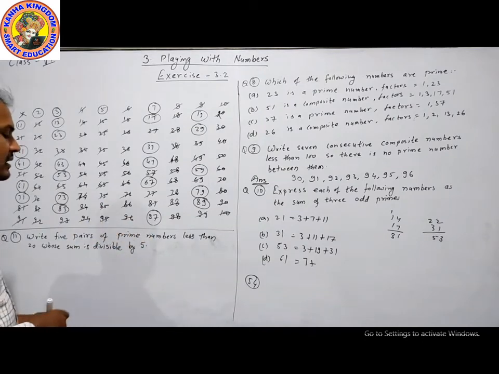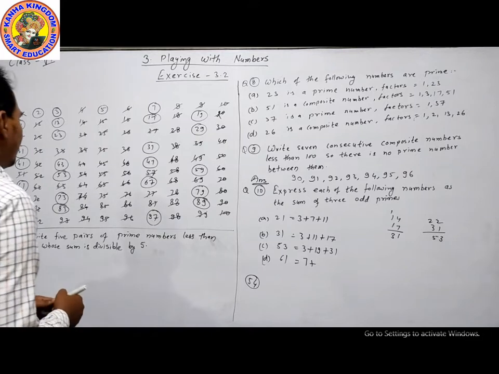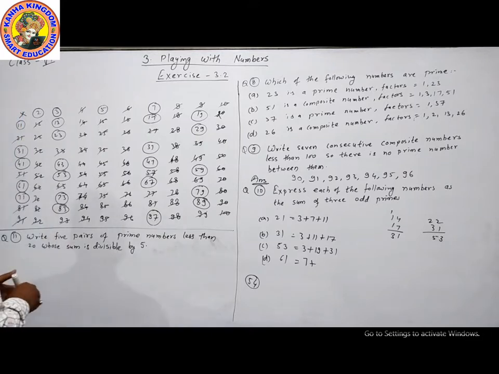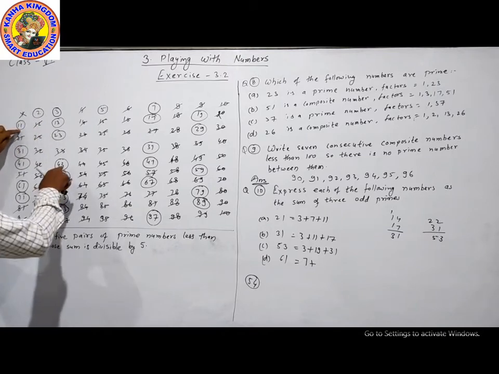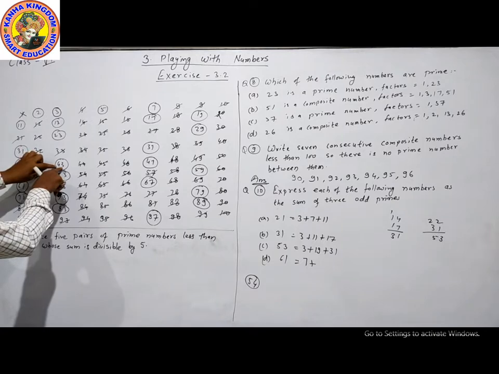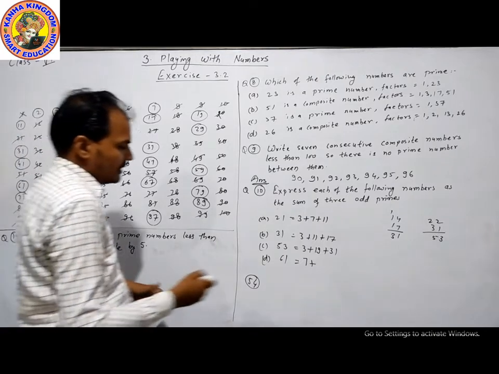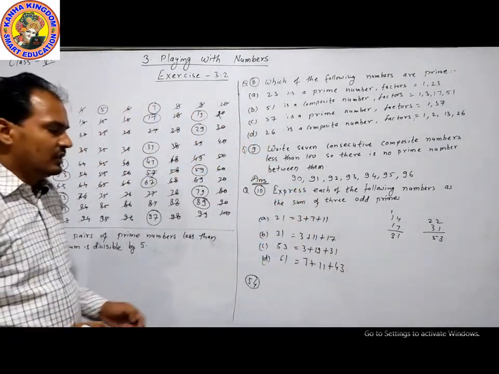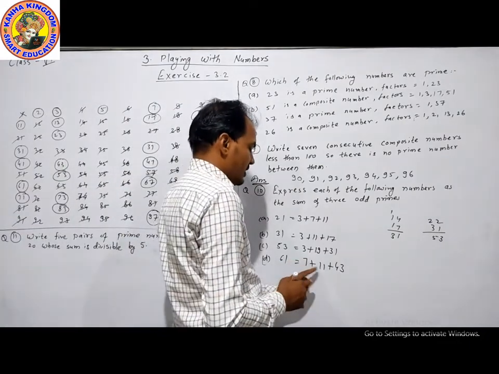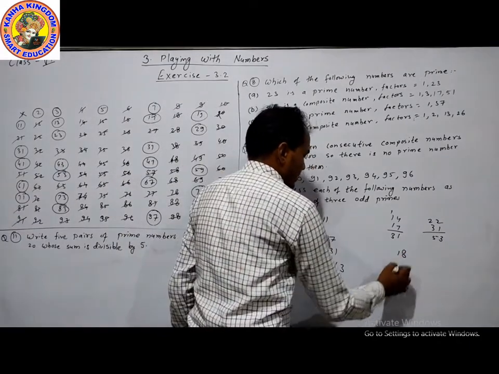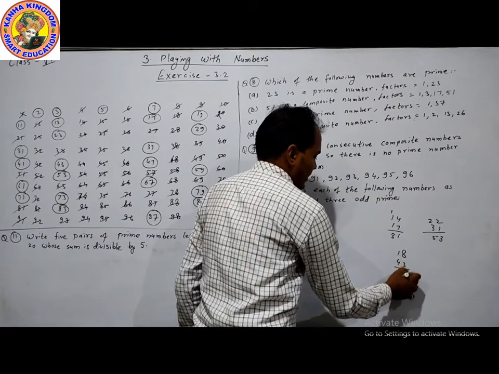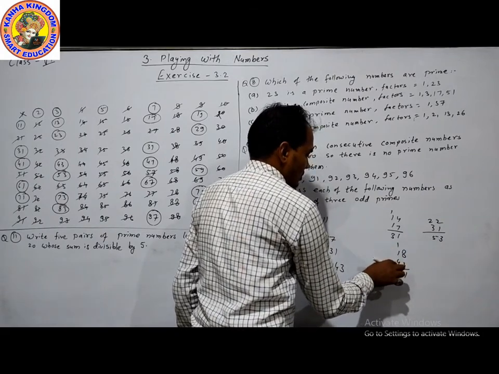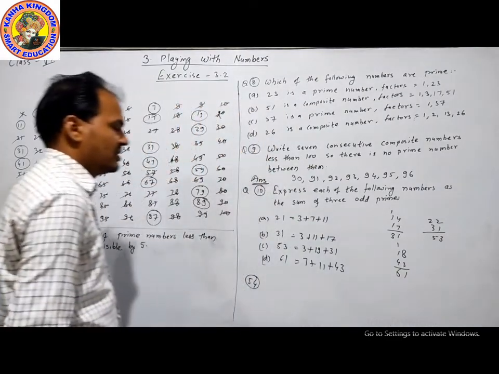Now the break of 54 will be 11 and 43. Now add these: 7 plus 11 is 18, plus 43 is 61.